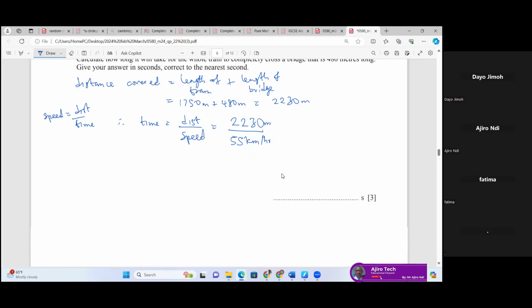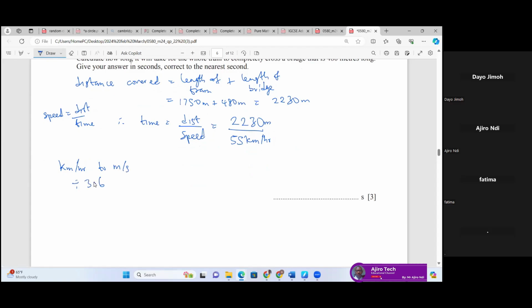Now, look at our time is in seconds. So we have to change this speed to meter per second. Okay. Now, how do you change kilometer per hour to meter per second? Divide by 3.6.